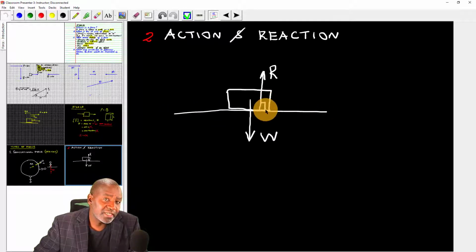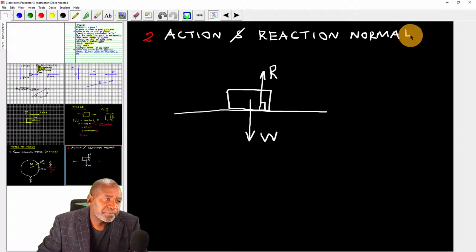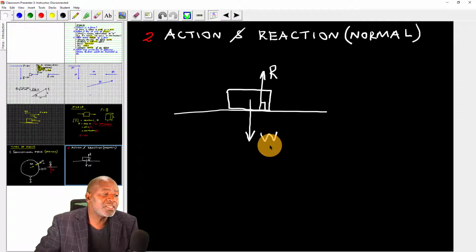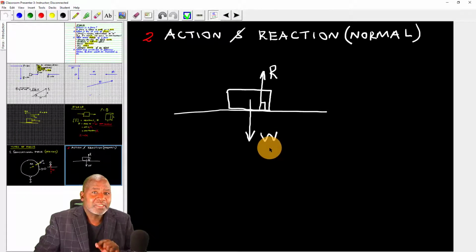This is 90 degrees. That is why it is usually referred to as normal reaction. Normal means 90 degrees.